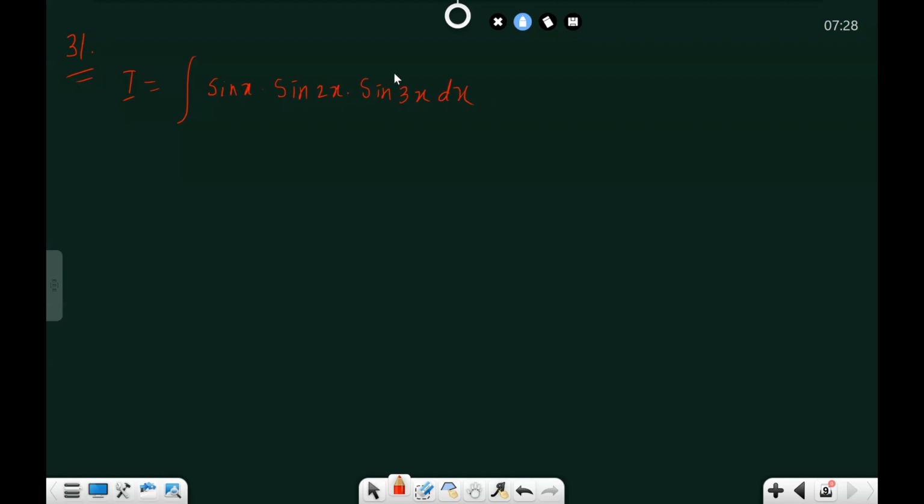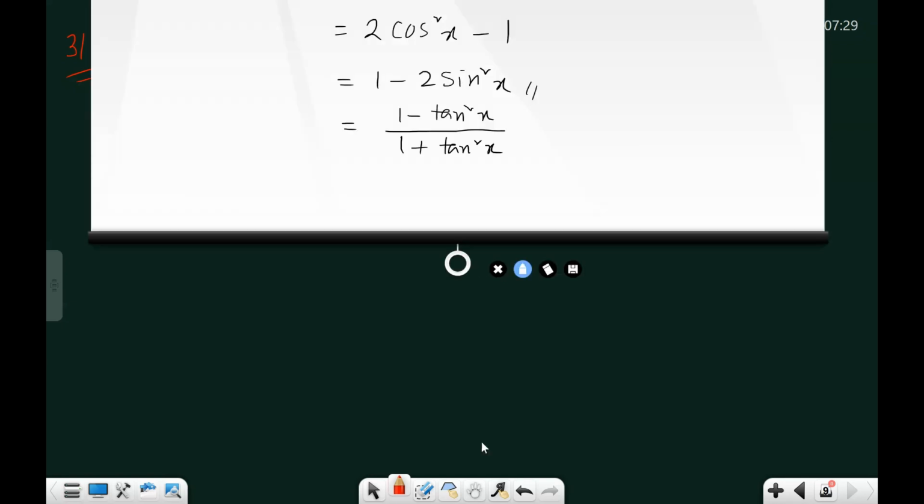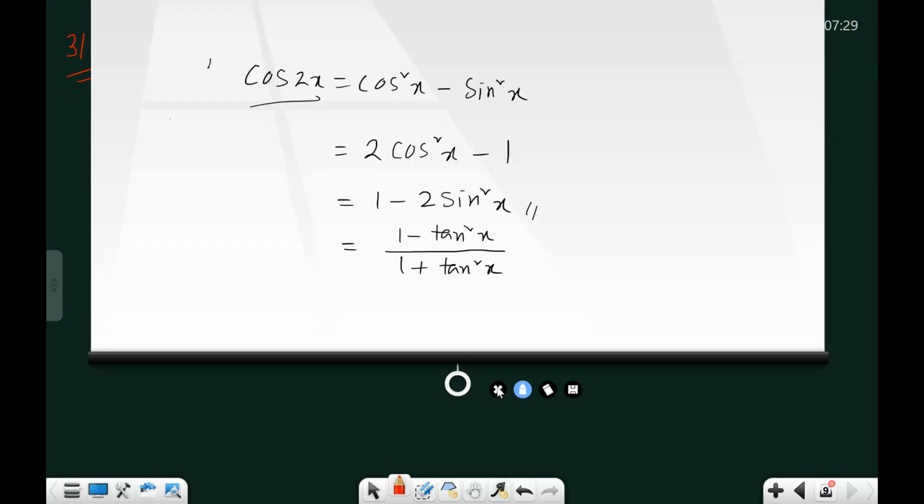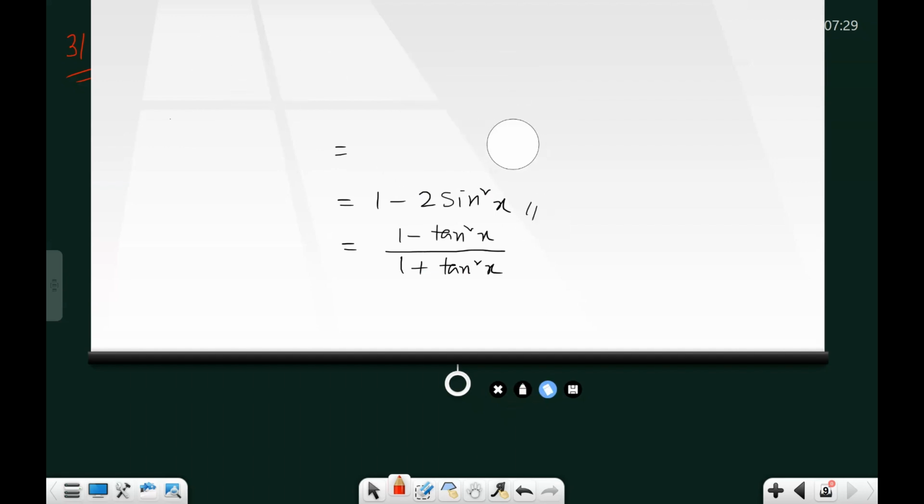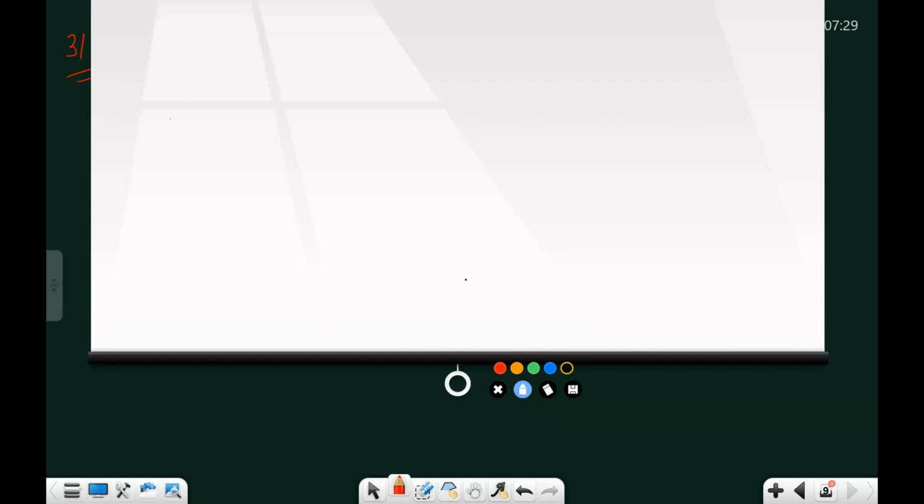So you see some formulae of trigonometry. Let me erase first. Actually, to solve these types of problem, you have to know this.